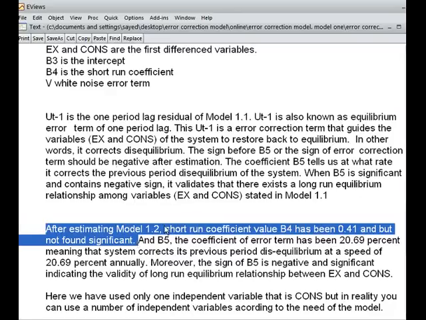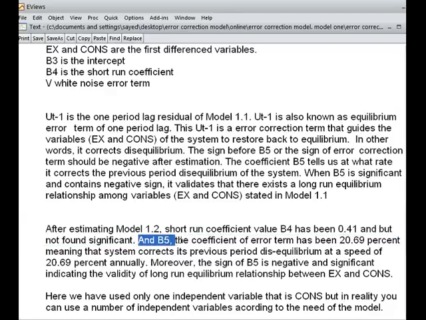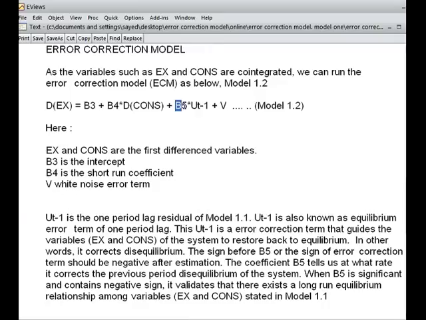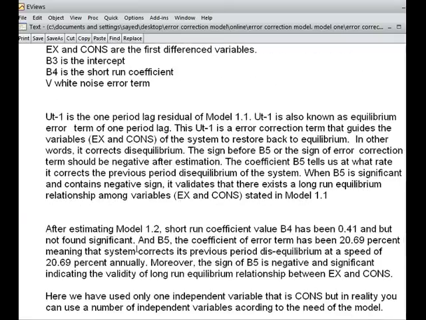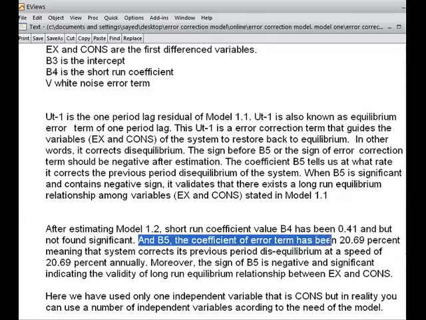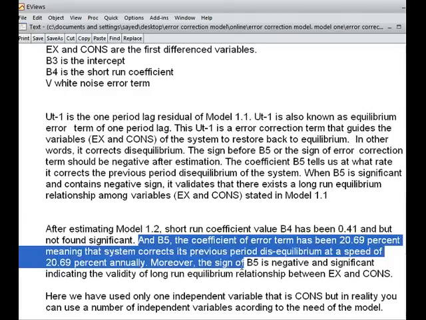And B5, the coefficient of the error correction term, has been 20.69%, meaning that the system corrects its previous period disequilibrium at a speed of 20.69% annually.